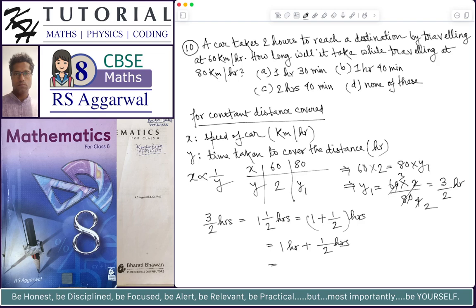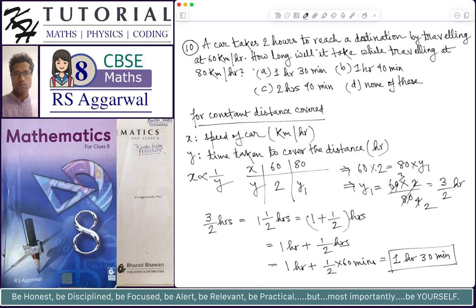This is equal to 1 hour plus half multiplied by 60 minutes, which is equal to 1 hour 30 minutes. So the car will take 1 hour 30 minutes to cover the same distance traveling at a speed of 80 km per hour.